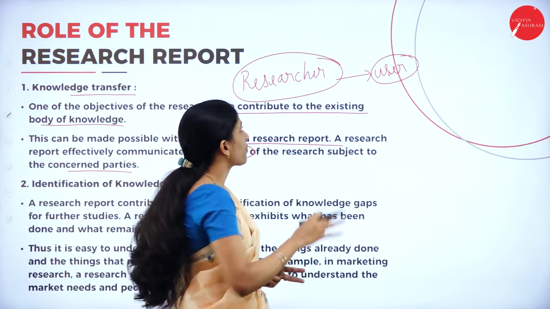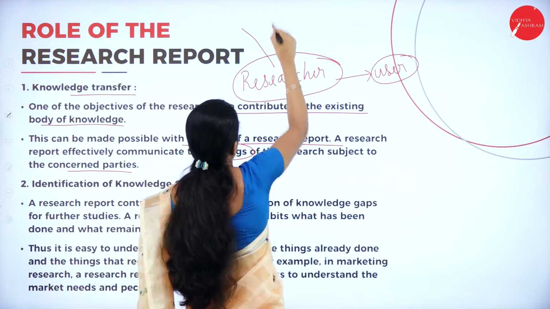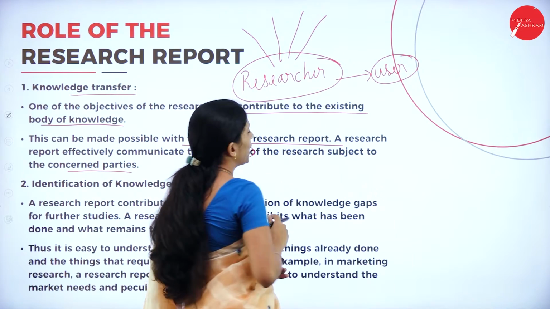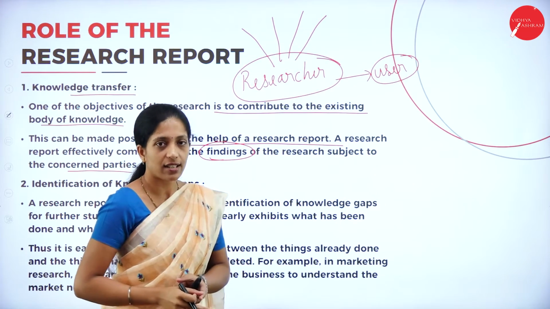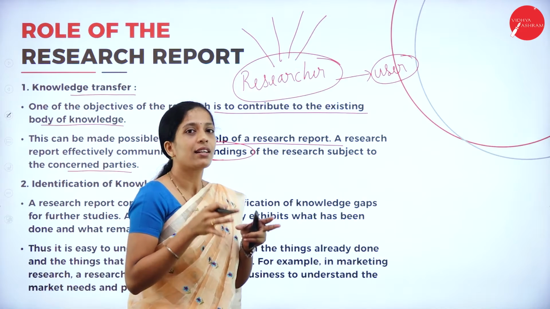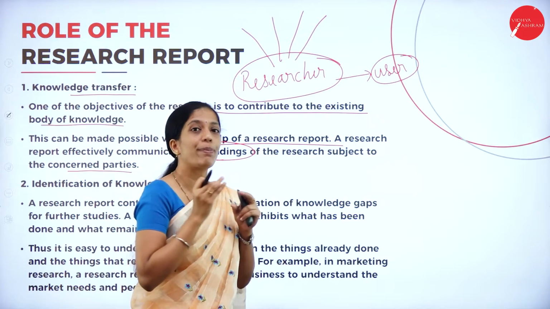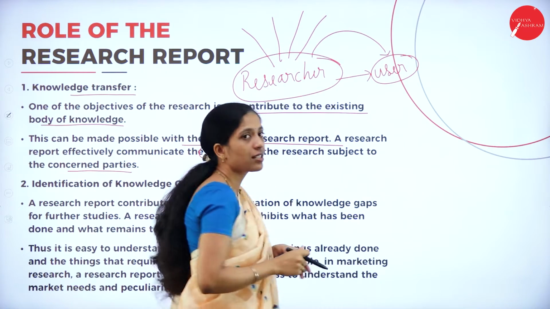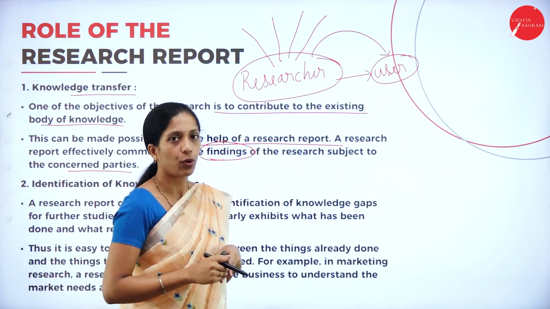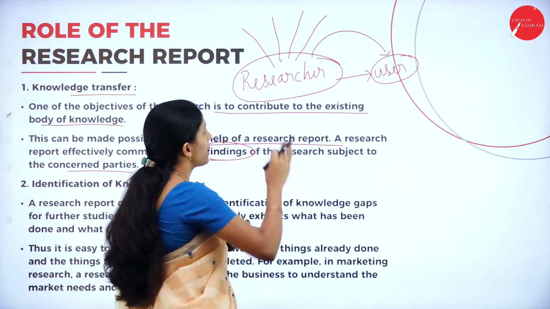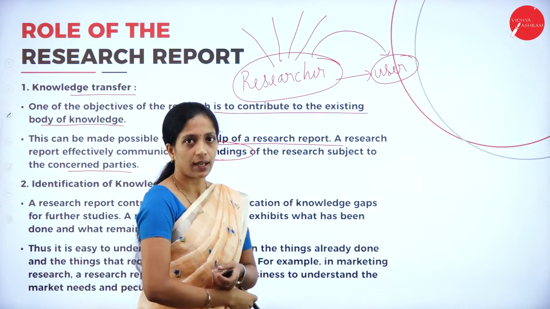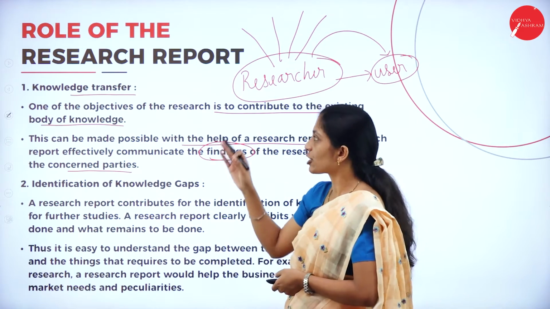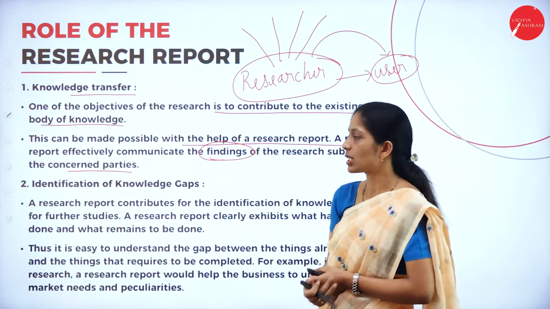He will collect all the data, all the information in order to solve a particular research problem. That information will be simplified, and this will be communicated to the users in the form of a research report. Here there is a transfer of knowledge from researcher to user. Okay, so hope you have got the first point, that is knowledge transfer.